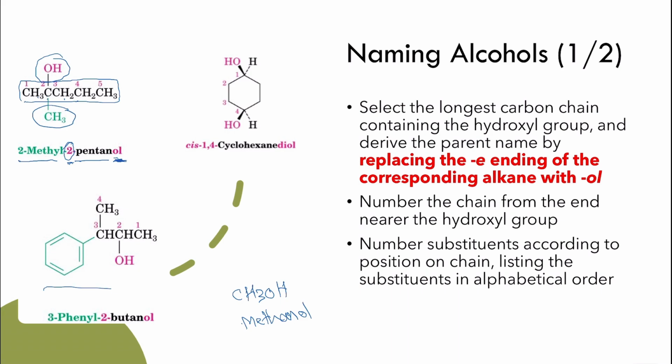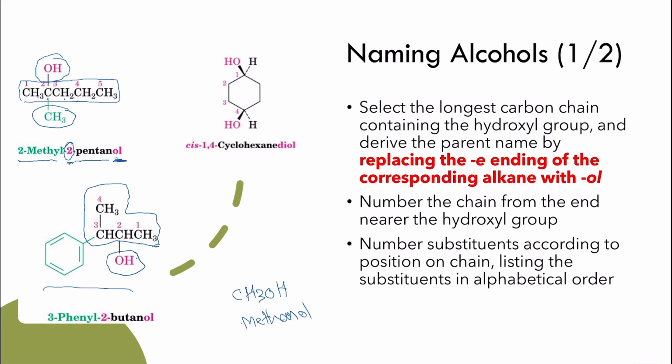Let's have a look at this one. So now where is the longest carbon chain? This is the longest here, 4 carbons. We numbered it 1, 2, 3, 4. We always try to number it to give the OH, which is the functional group, the smallest possible number. So now the OH is on carbon number 2. And let's look at the substituents.